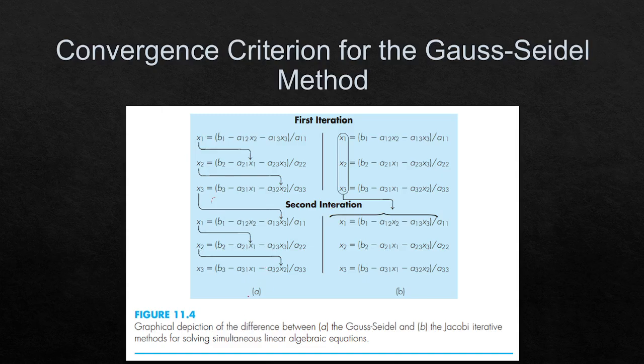Let's explain first the Gauss-Seidel. Say you are having your first iteration here, and all of your starting values for x1, x2, and x3 are zeros. When you solve for x1, you substitute the values of x2 and x3, which are 0, until you get the value for x1.